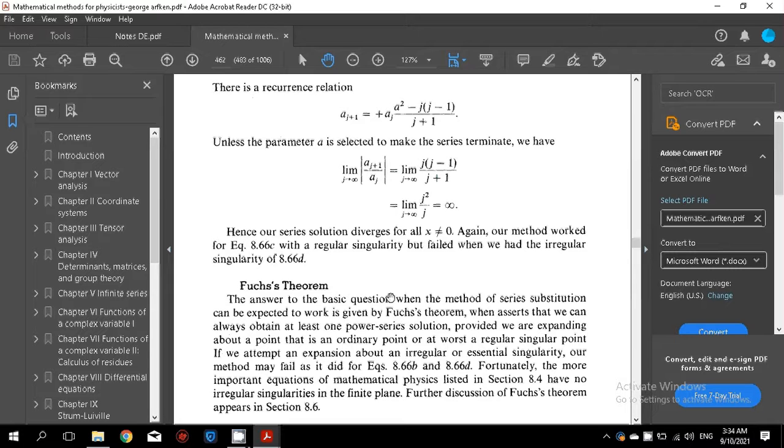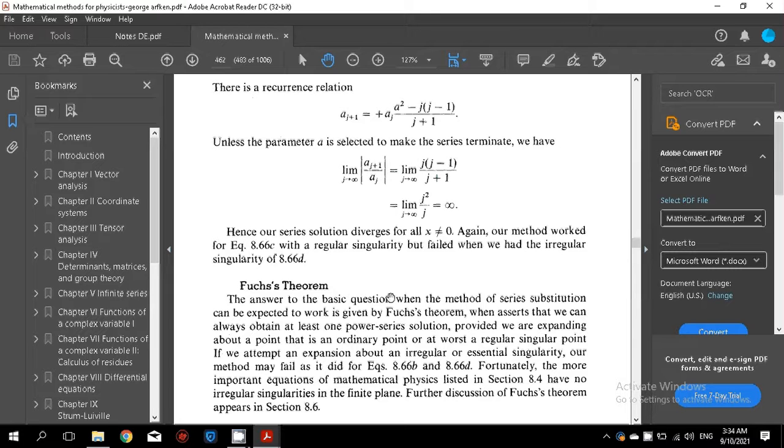But if still these two terms, that is (x minus x naught) into p(x) and (x minus x naught) square into q(x), are both infinite, they remain infinite, in that case we call the point of expansion an irregular singular point or essential singularity.